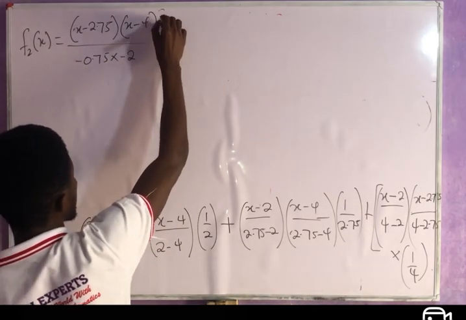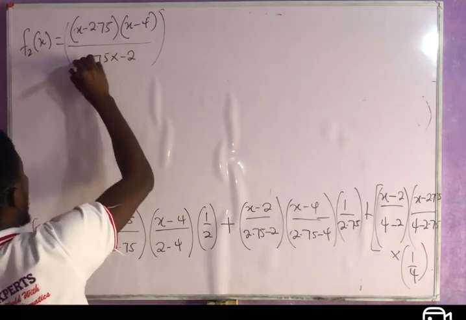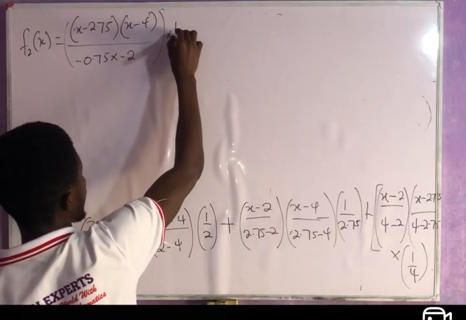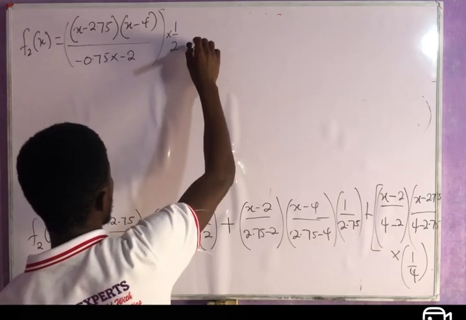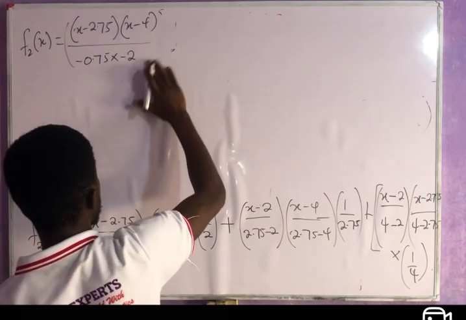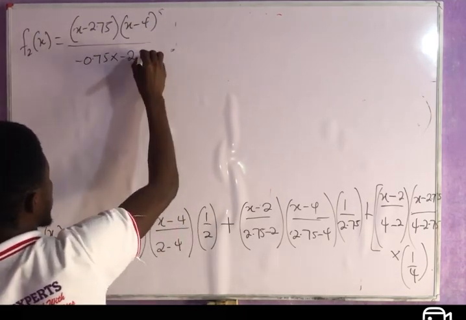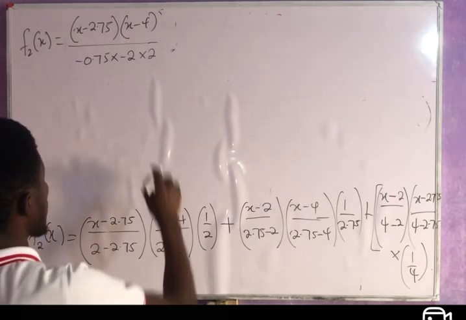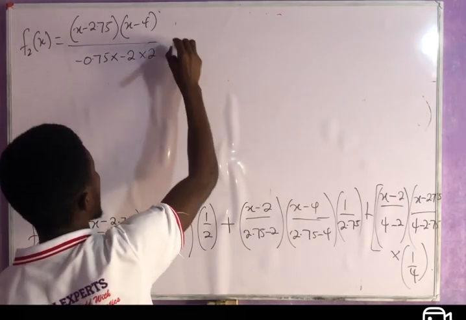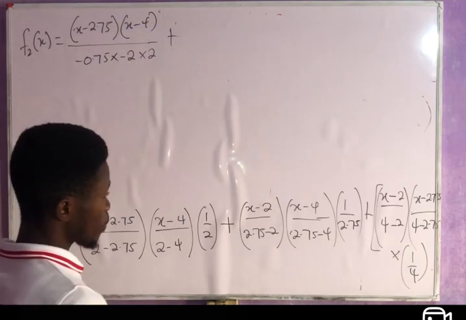Then the whole of this is multiplying by what? 1 over 2. Or I can bring that 1 over 2 here, so that will be 2. Is that okay? Then I move to the next one, plus.